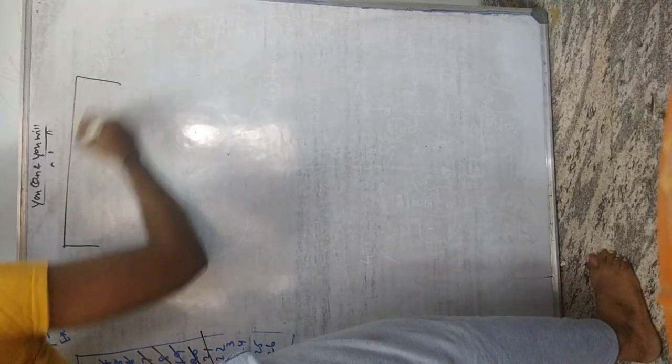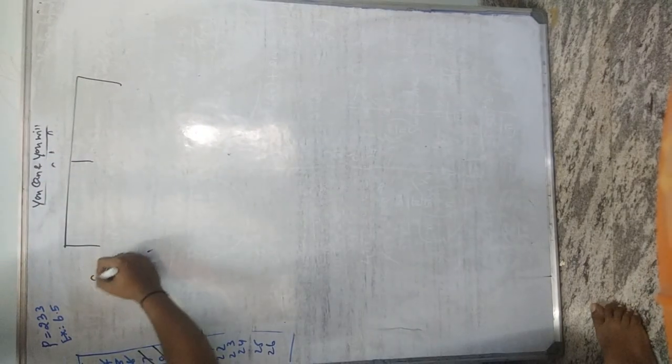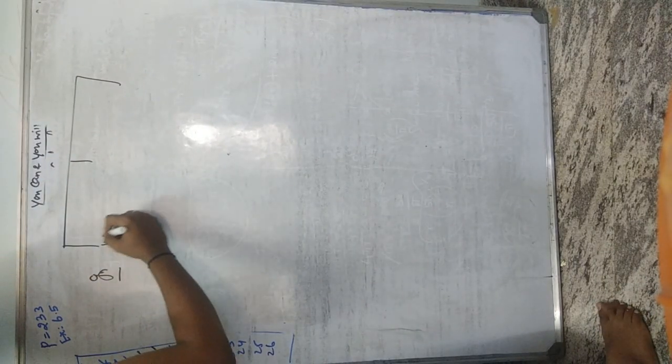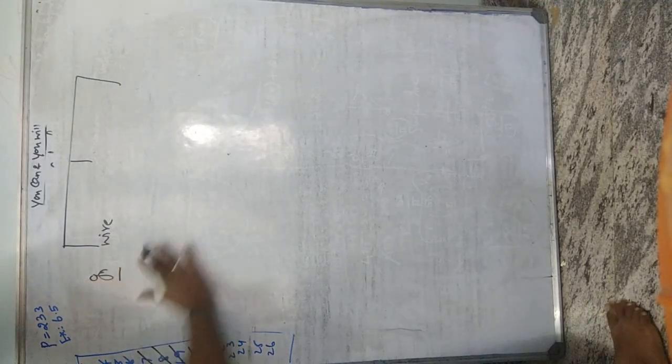So the first one is the shape of a square, and the second one is the shape of a circle. So be very clear in that. Now I'll divide into 3 parts as usual. So first one is given. Given is a wire. The wire is divided into how many parts? 2 parts, right?